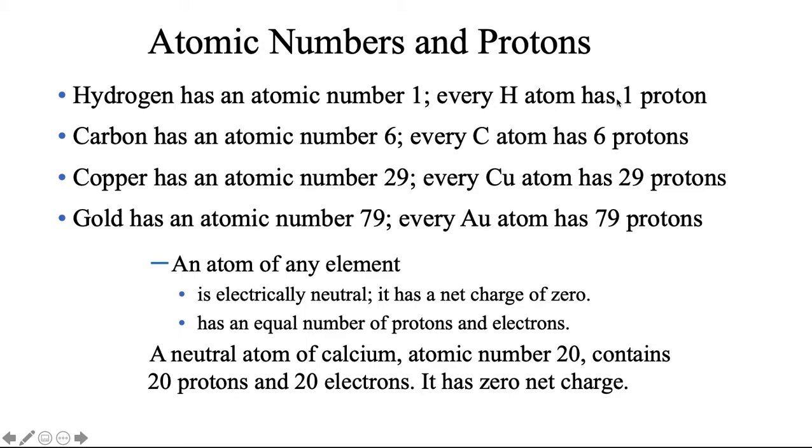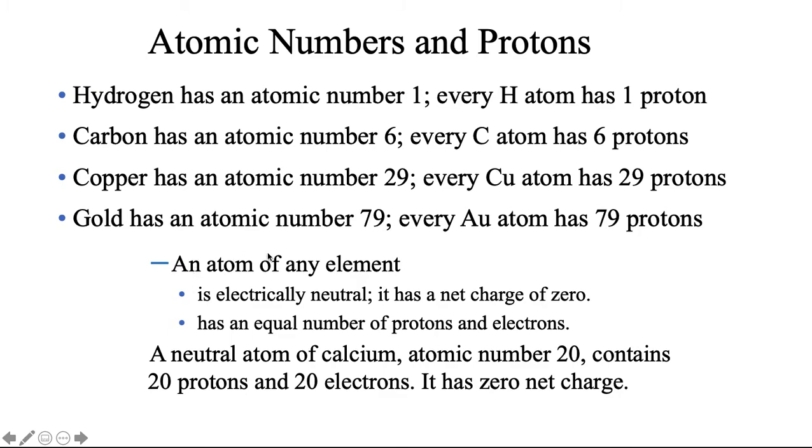That's what makes hydrogen a hydrogen, that it has 1 proton. Carbon has an atomic number of 6, which means that every carbon atom will have 6 protons. Copper has an atomic number of 29, which means every copper atom has 29 protons. Gold has an atomic number of 79. It's number 79 in the periodic table, which means it has 79 protons, and so on and so forth.